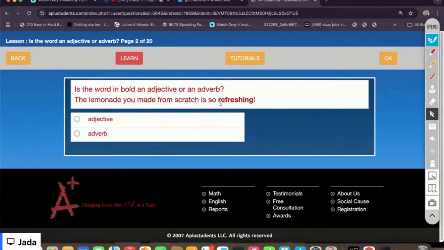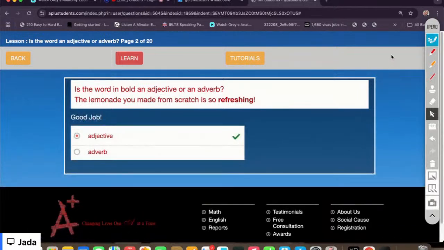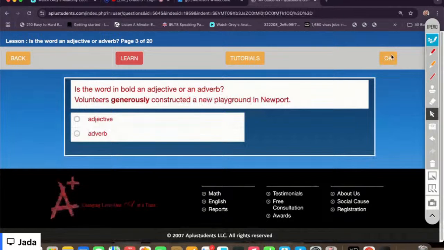The lemonade you made from scratch is so refreshing. So is refreshing an adjective or adverb? So what's this one? Adjective or adverb? So the adjective, refreshing. So we have: volunteers generously constructed a new playground in Newport. So what's this?